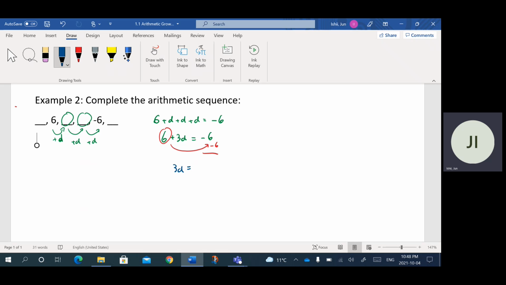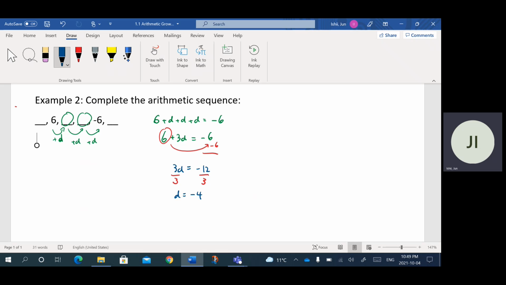Again, that's not 0, it's -12. Now if I want to solve for d, I divide both sides by 3. That gives us the common difference of -12 divided by 3, which is -4. What that means is to get from one number to the next, I'm going to add -4, or in other words, subtract 4.